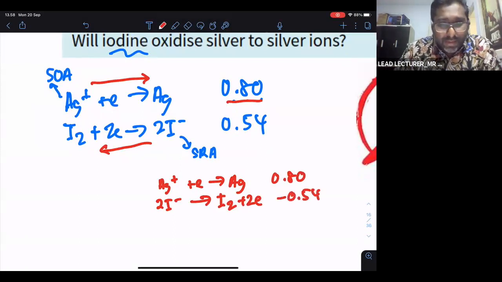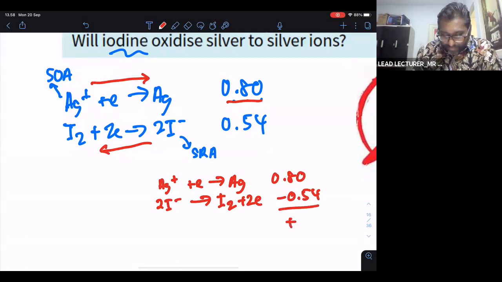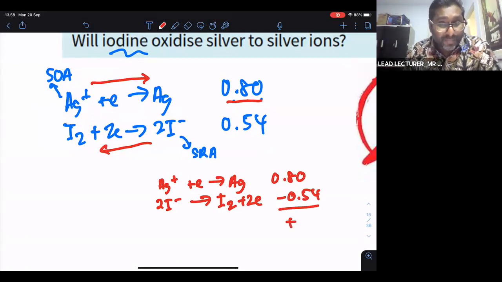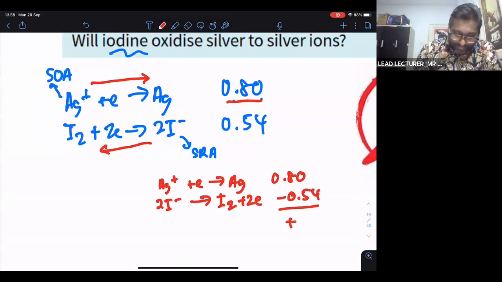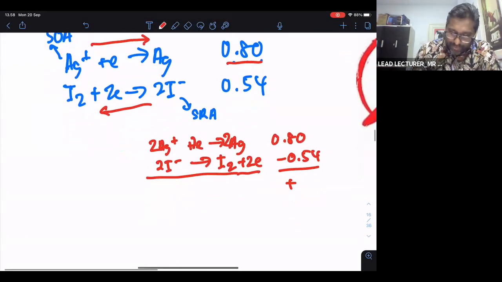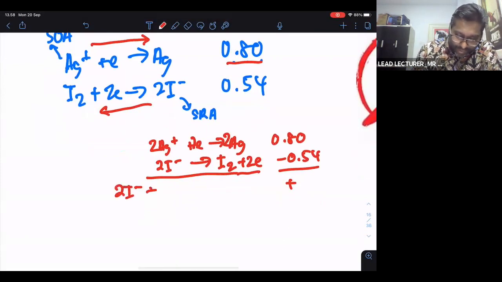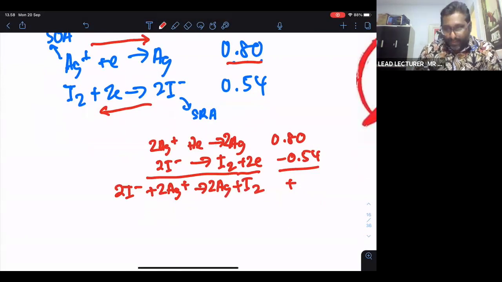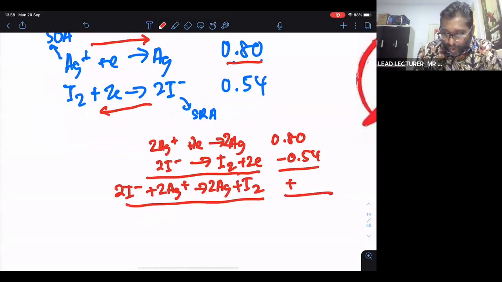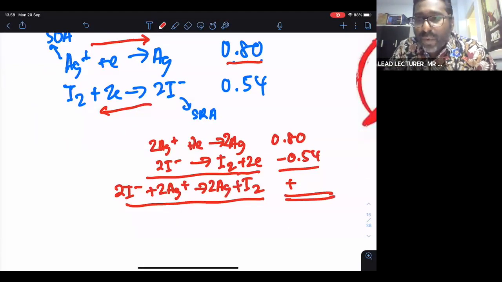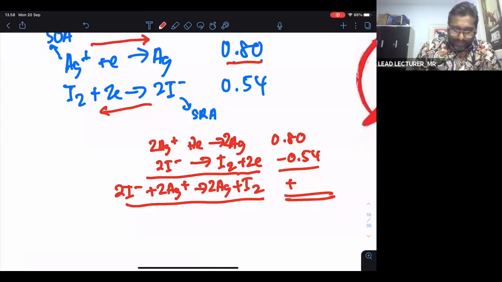If I add, it will be a positive value, but please take note about what you are adding first. What is the final equation? The equation is 2I minus plus 2Ag plus to give me 2Ag plus I2. It means the E value is positive, or feasible, only if I minus is changing into I2.